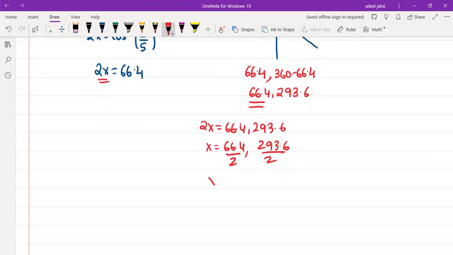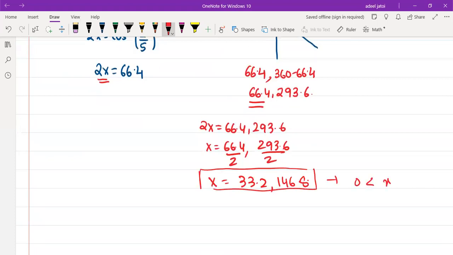Can I say the x value is 33.2 and this will be 146.8? Do I see that after solving 2x, both answers got into the range of x greater than 0, less than or equal to what?